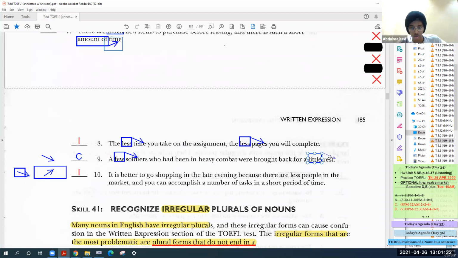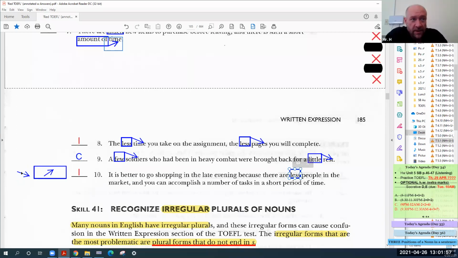Now, when you add the word "a" in both of these examples, what does that mean? It means enough. Enough rest, enough soldiers, right? Okay. And then Metham, number 10. Less.